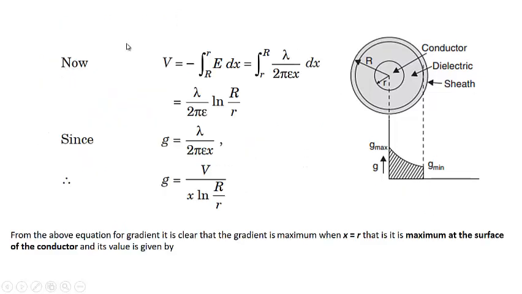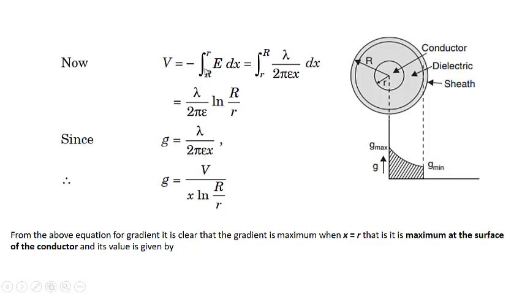And now we know that V is equal to minus the integral from capital R to small r. When we have to calculate the voltage, we actually take the test charge from infinity to the point where we have to calculate the potential. Same thing, we have assumed the infinity to be the point of interest, that is, R and r. Taking the minus inside this integral, the limits will flip.